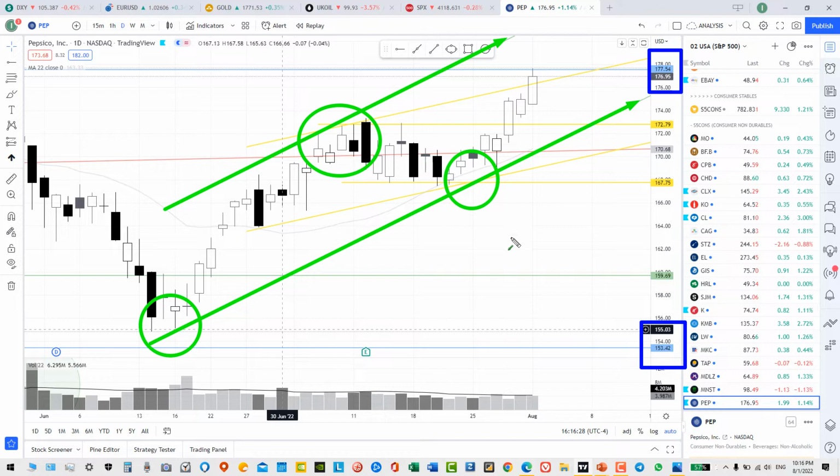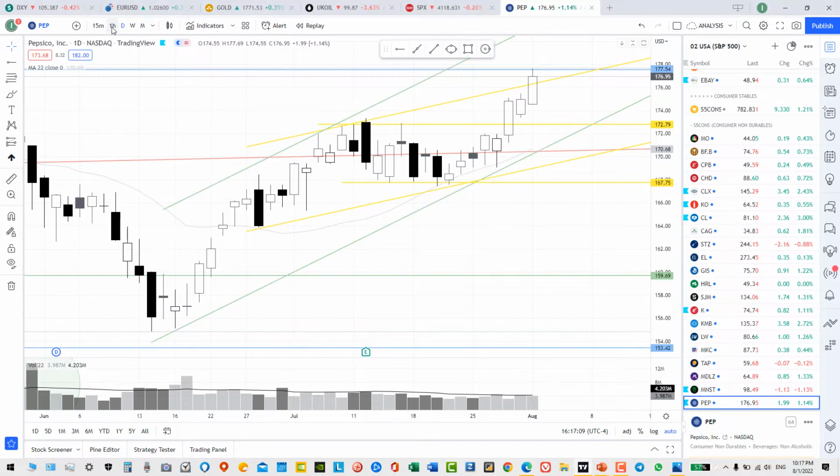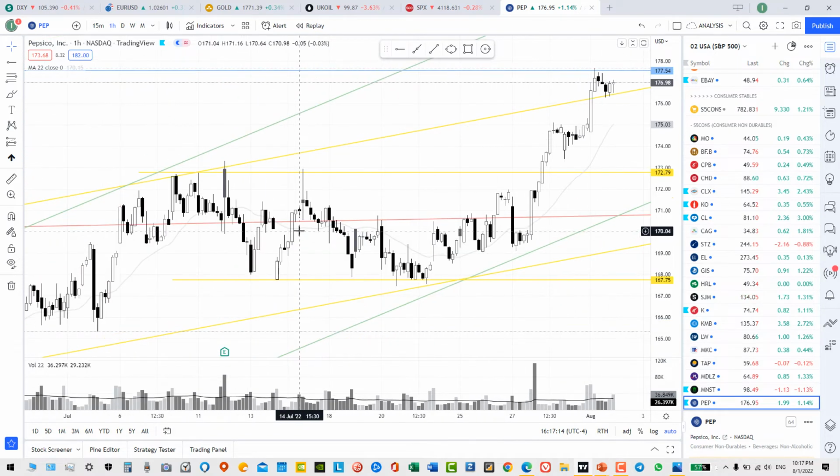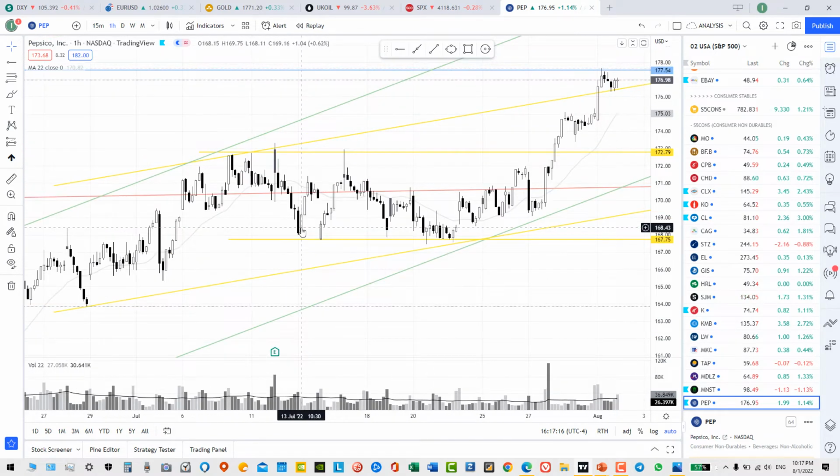It's a good rally. Over the hourly chart, we do have a kind of speculative ultra short move to the upside, with very important support level around $173.